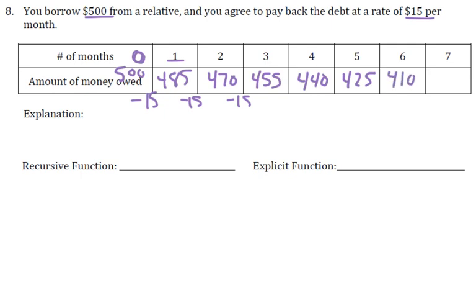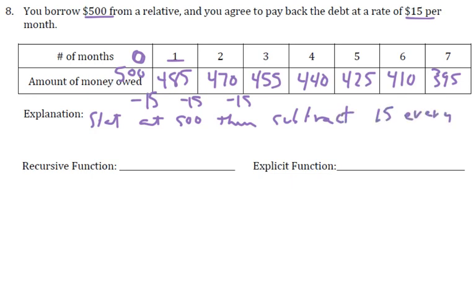Then 410, then 395. And if we were to go to number 8, so the explanation, we start at 500, then subtract $15 every month, or if we wanted to know what was in cell number 8, 8 times.